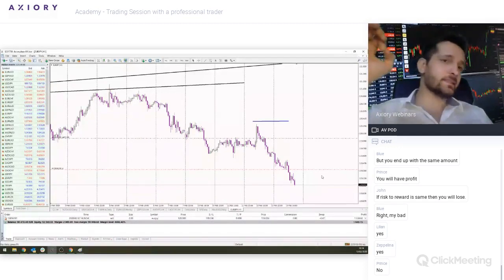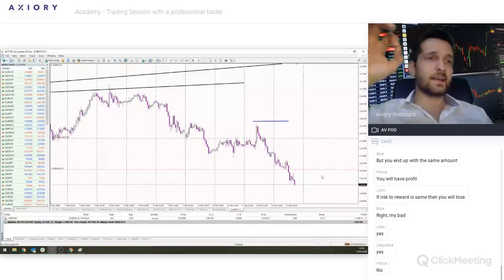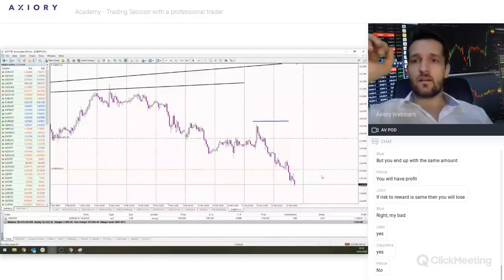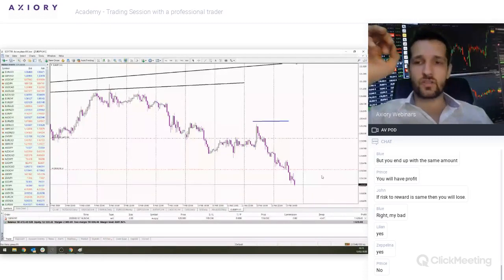This is the essence of trading. This is the essence of being a professional trader, not formations, candles, indicators, etc. No, risk control, money management, trading psychology, etc.